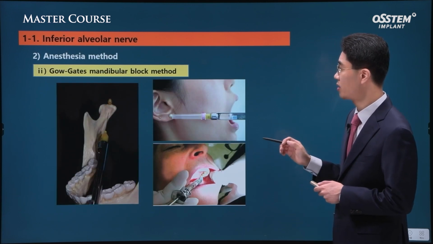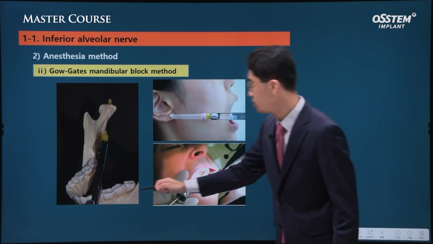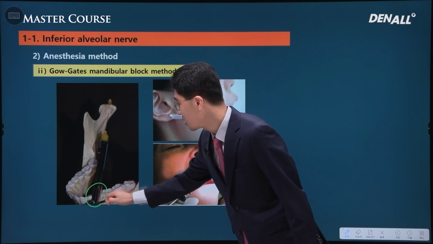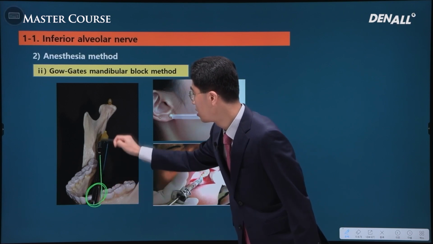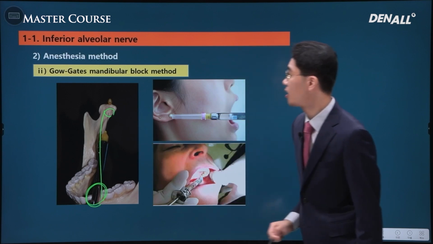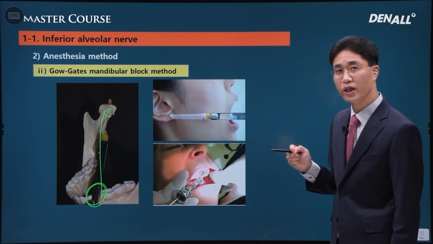Approximately from the canine on the other side, the needle is inserted towards the neck of condylar process, towards the inner surface.